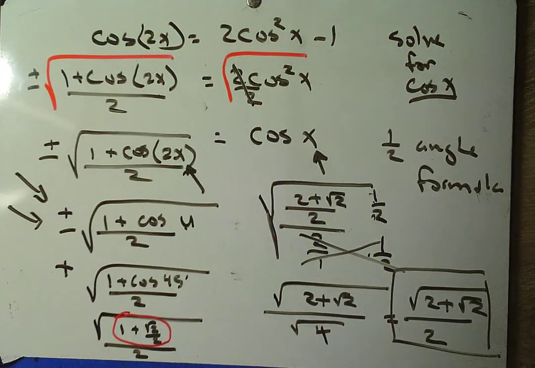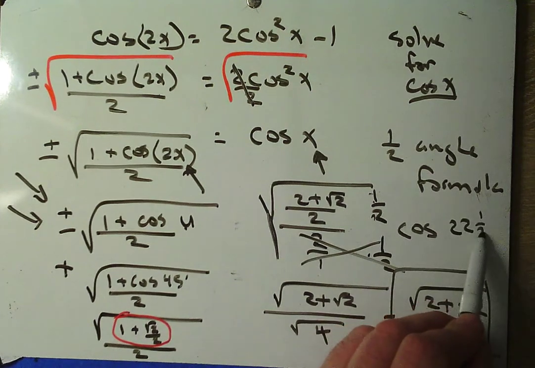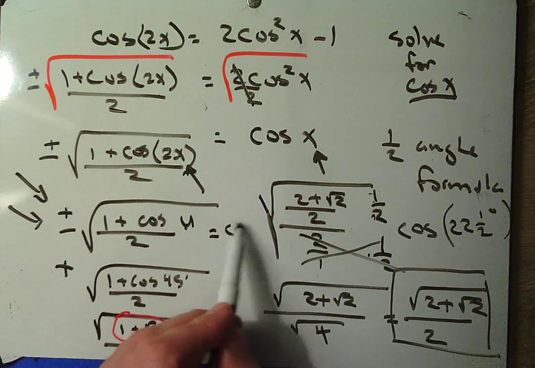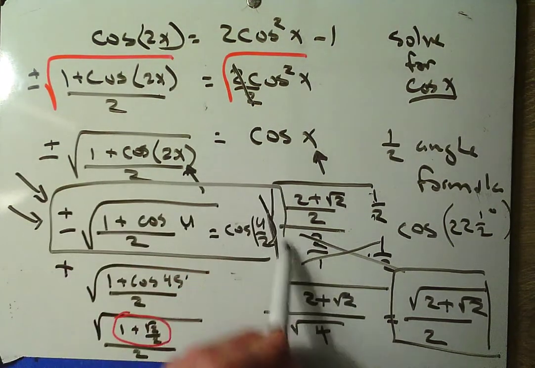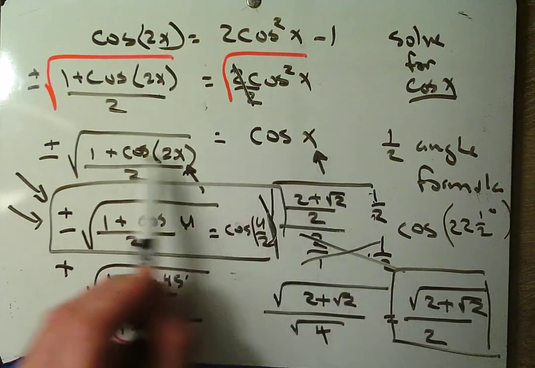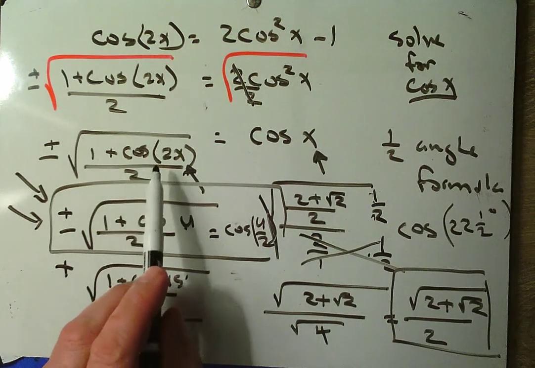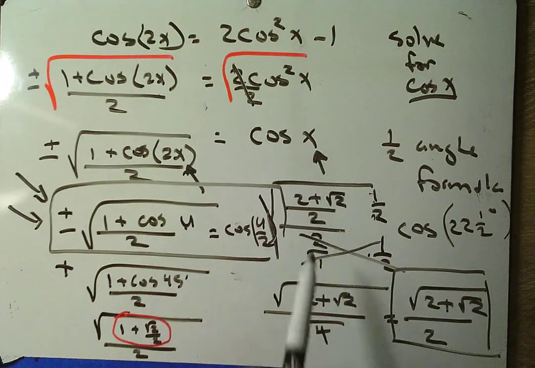This is my exact value of cosine 22.5 degrees. Okay, so that was using this half angle formula, cosine u over 2. Sometimes we see it written like this, sometimes we see it written like this. What's important for us to remember is that the angle that we plug in inside is twice as big as the angle we're trying to find.